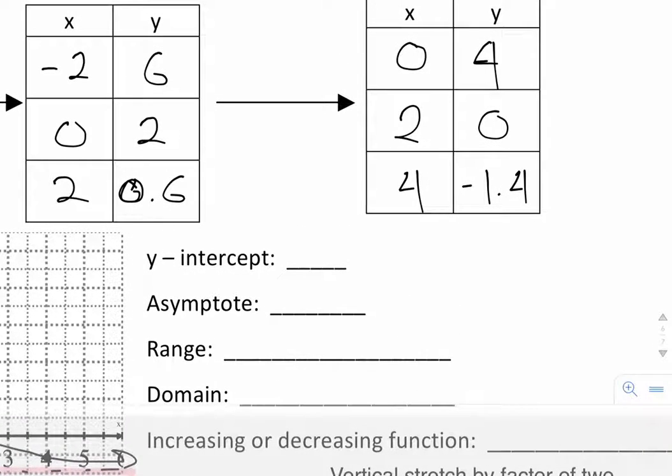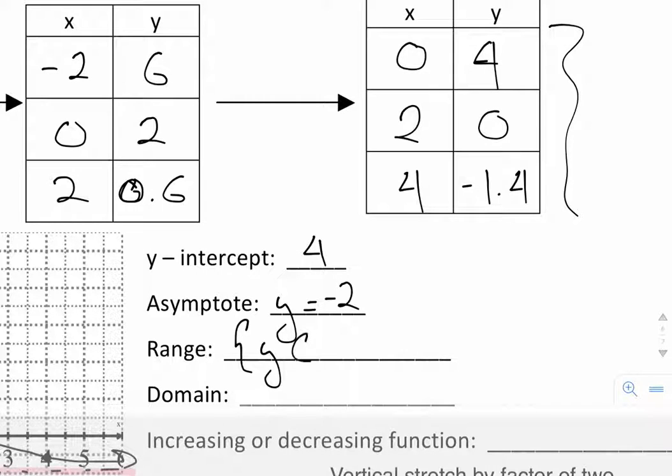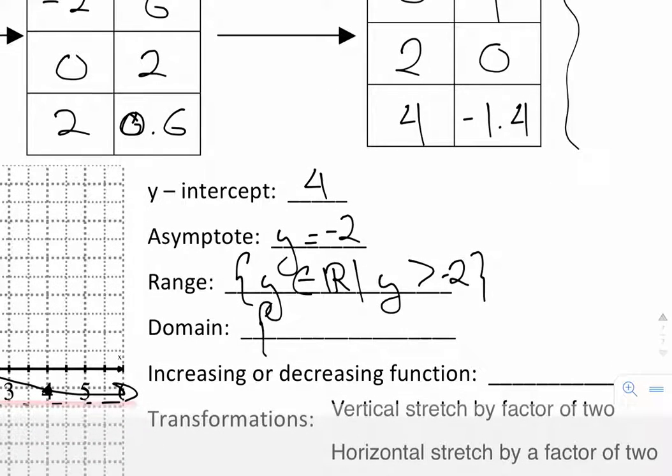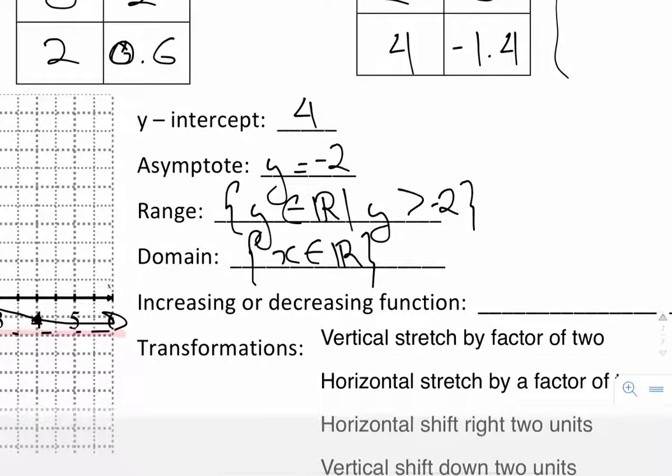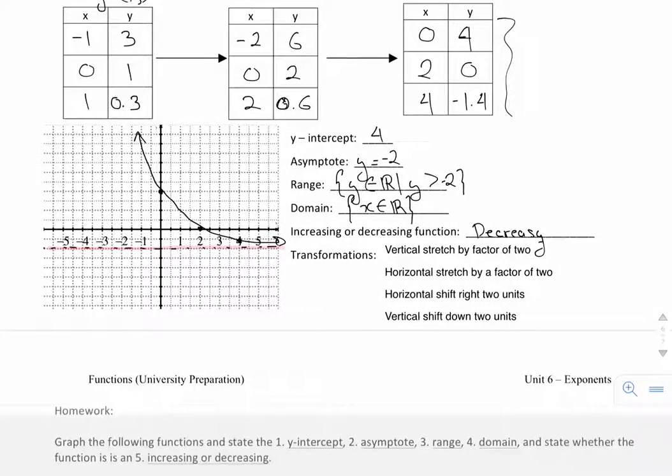Y-intercept, well, we can just read those off the table over here. My asymptote, we determined that was -2. My range is all y values such that y is greater than -2. My domain is all x values. The function is decreasing because if you notice, it's going downwards.